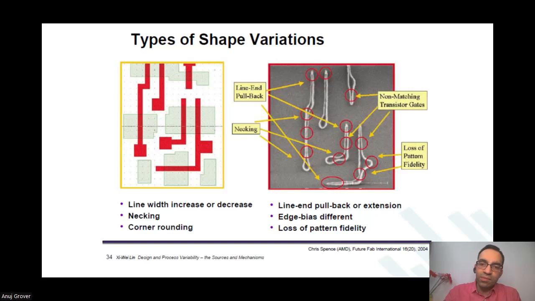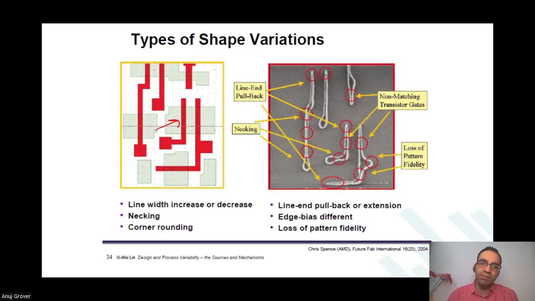And these circles have been put there to identify those places where there is a lack of fidelity, where there is some challenge. And you see, there are issues like necking, line end pullback, non-matching transistor gates, and so on. So, for example, over here, it appears that these two gates were meant to be matched.